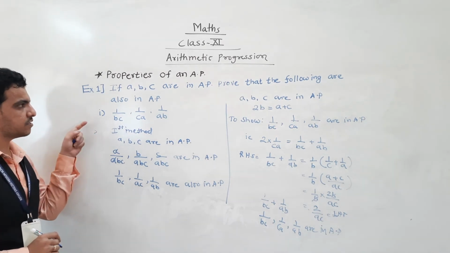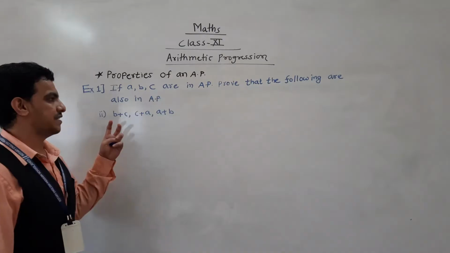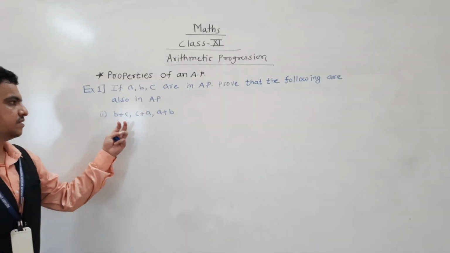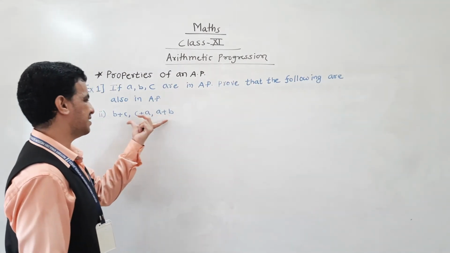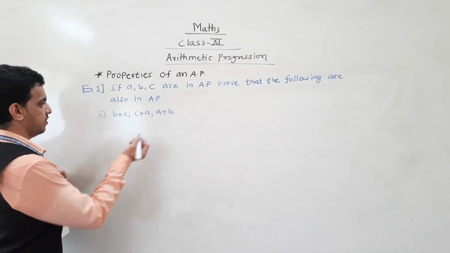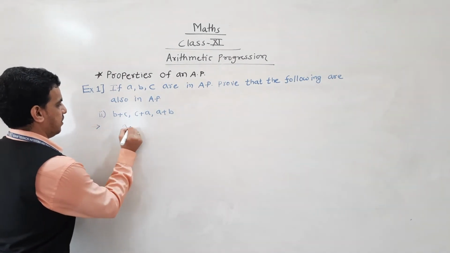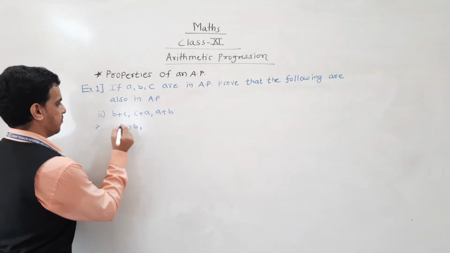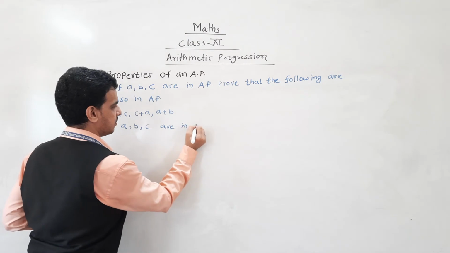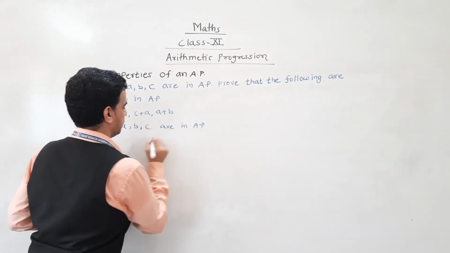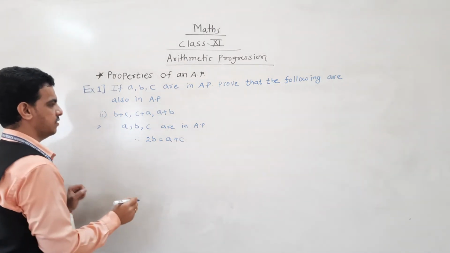So we will take another example to show that a sequence is in AP. Okay, the second example is b plus c, c plus a, a plus b. We have to show that these terms are in AP. Okay, so I am using the second method. a, b, c are in AP, therefore 2b is equal to a plus c.